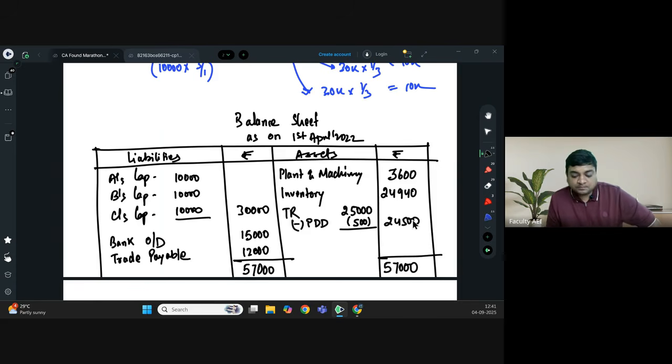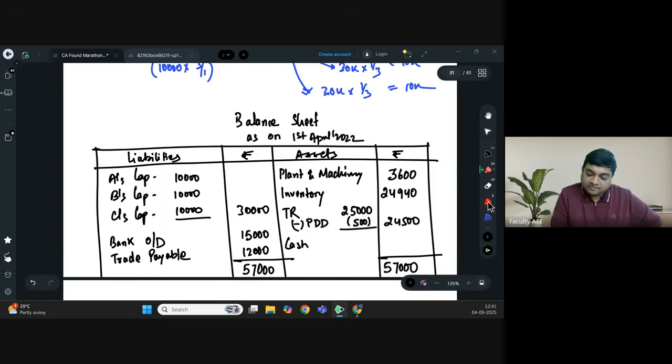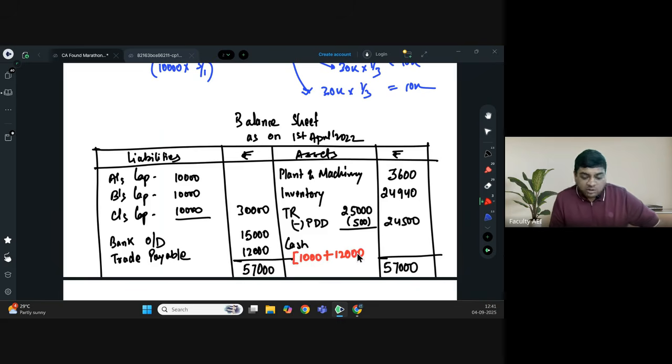Right? Cash: 1,000 I already had, 12,000 C has brought. How much? 39,000. Total is coming to 57,000.